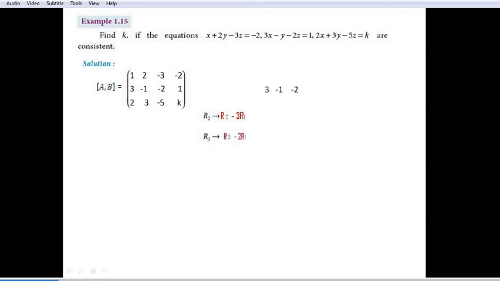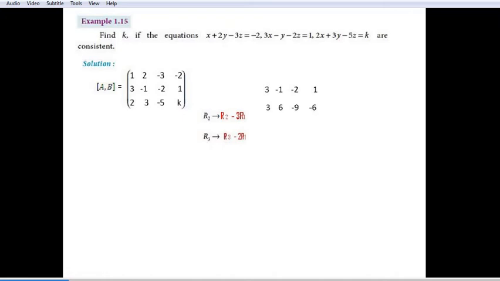We already know how to do this. Taking the R2 row, 3, minus 1, minus 2, 1. Here 3R1 is given, that means you multiply the R1 row by 3. What do you get? 3 ones are 3, 3 twos are 6, minus 9 and minus 6.